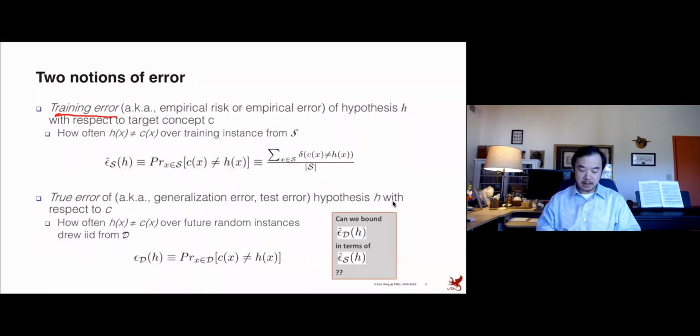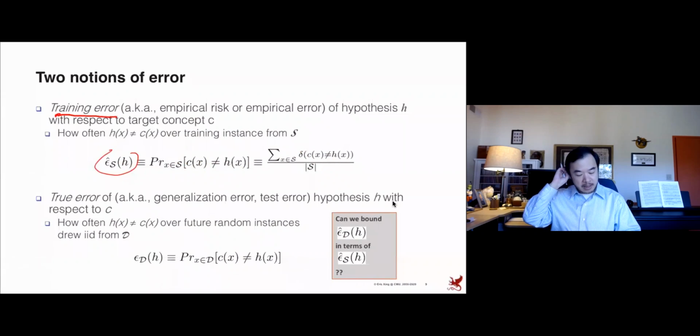Empirically, this probability can be estimated by a sample average. That's why it has a hat. It is estimated from your training set. And this is an error that you actually can compute after you train your hypothesis.